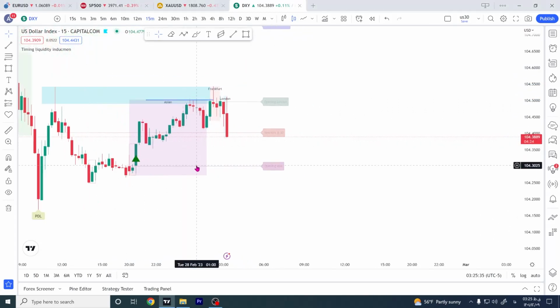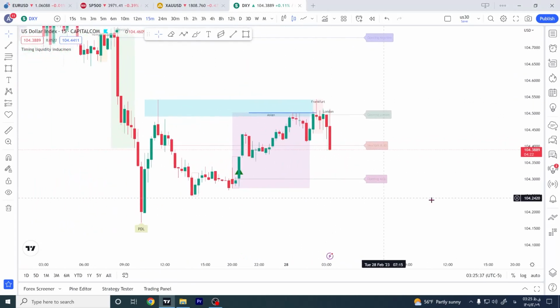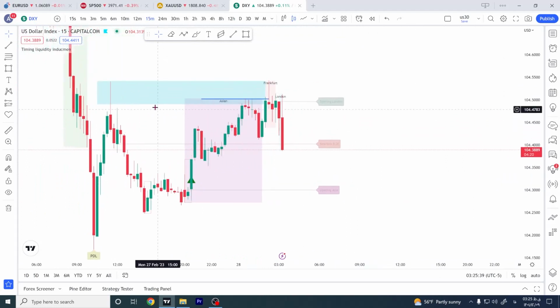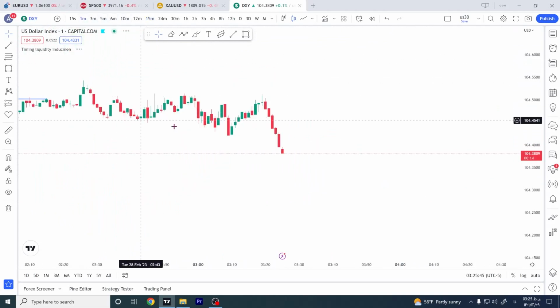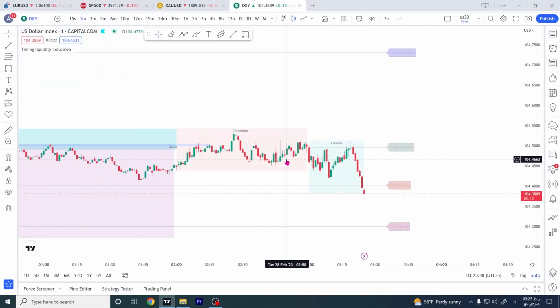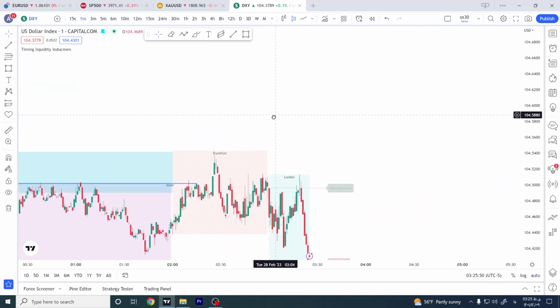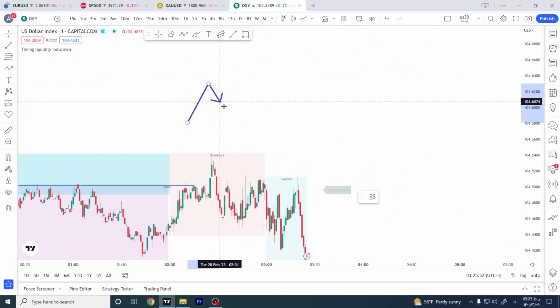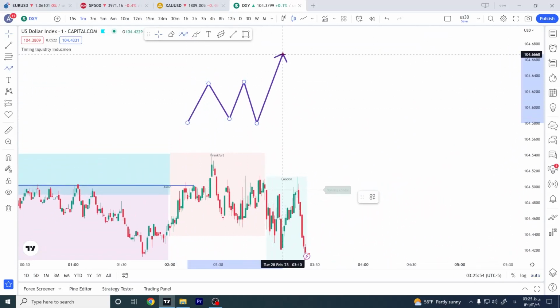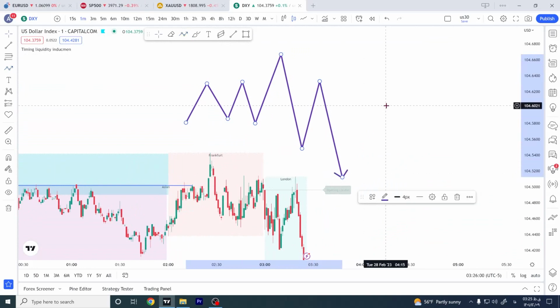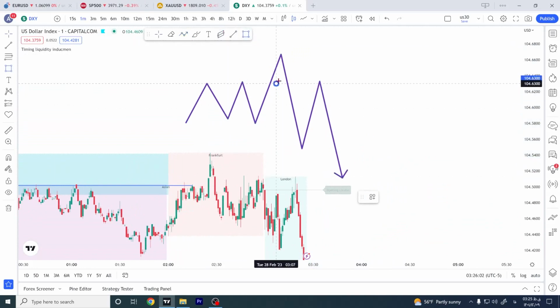We can see that the Asian session was trending, but it has some liquidities here. The Frankfurt session came and grabbed this liquidity, and in the lower time frames we want to see shifts. What is a shift? A shift is when we have a kind of AMD pattern, so we can enter, for example, on some order block or imbalance here.